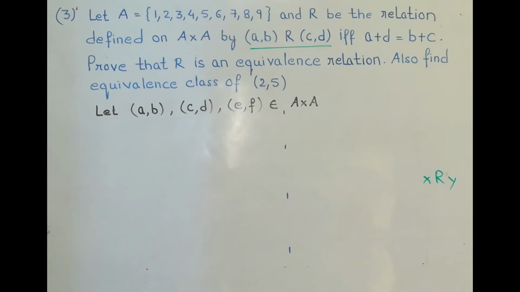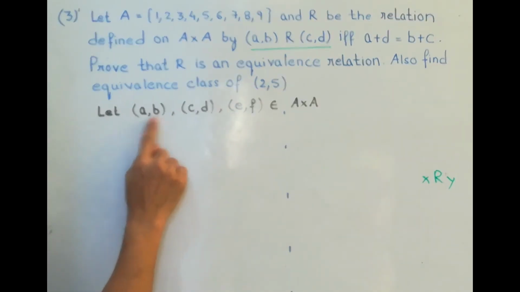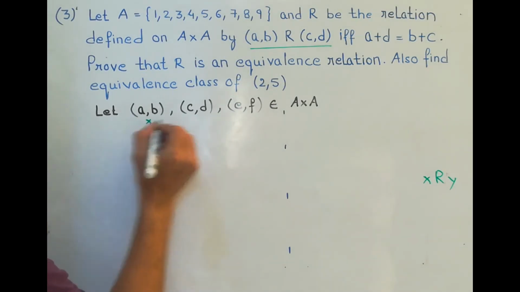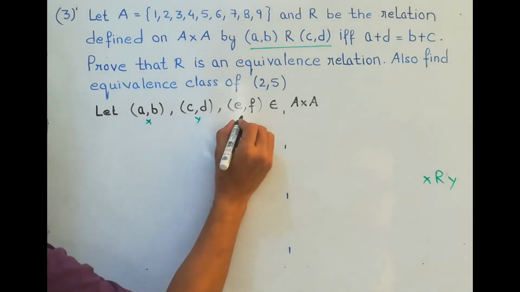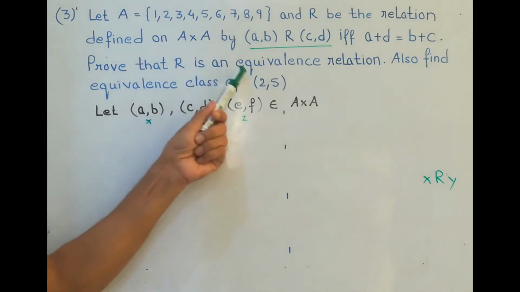Here each element is an ordered pair like this. So this is your x, this is your y and this is your z. Now we have to prove that the relation is an equivalence relation.